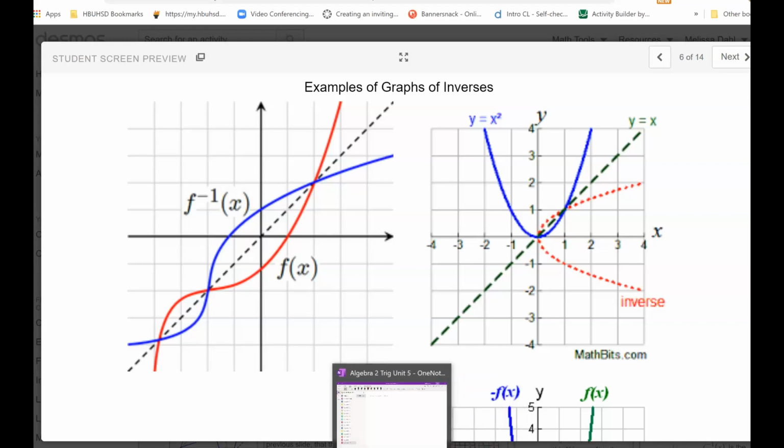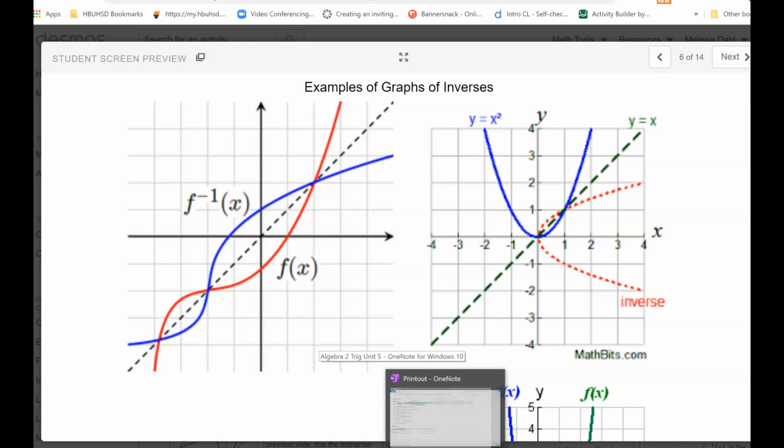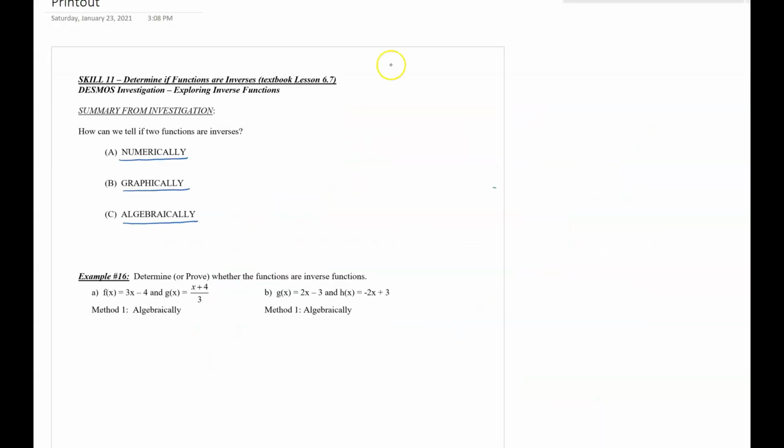The way that we say this is f inverse. This -1 isn't really an exponent. It's indicating that they are referring to the f function, but the inverse of that f function, not the original f function.